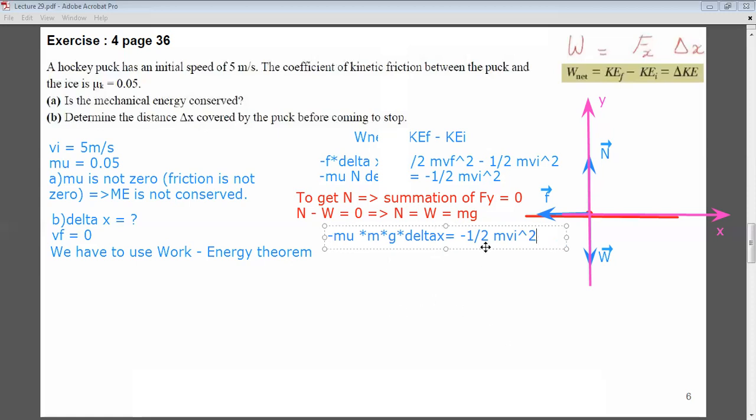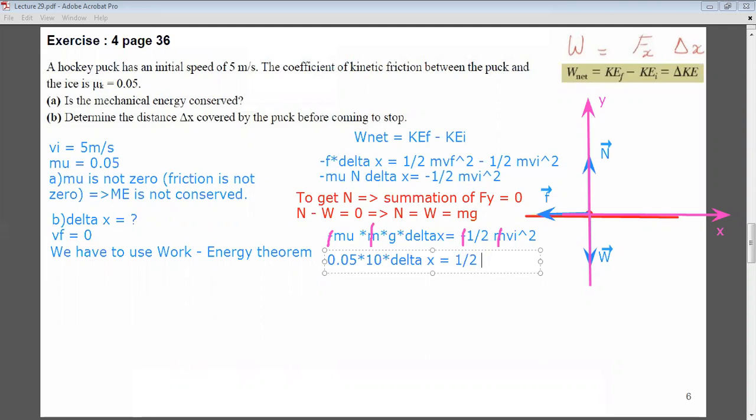Okay, now I don't have M, but both sides contain M, so I can divide by M. So this M and this M disappear. Okay, there is minus here, they disappear. Okay, now let's put what I have. Mu is 0.05, so 0.05 times G, which is 10, times delta X is equal to half V initial square.